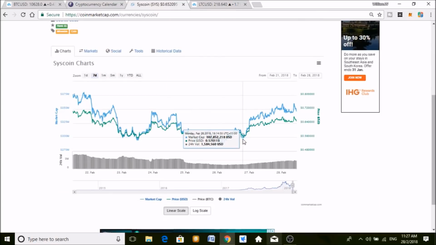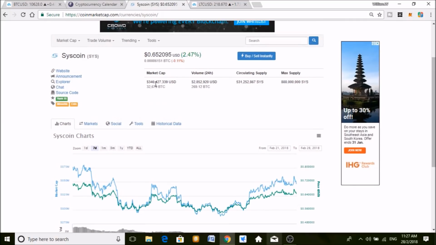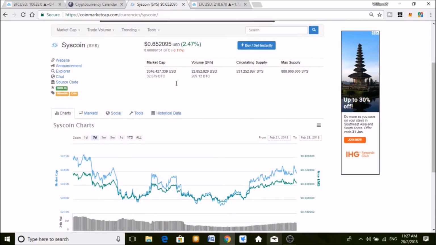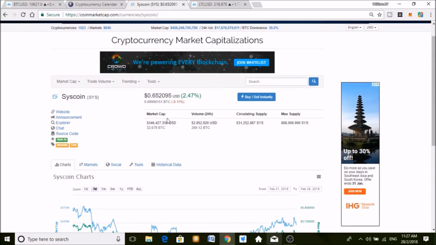So on the 27th or the 26th, that's where people start buying in, and that's around 55 cents. And today, right now, we're at 65 cents, okay? So that's almost a 15-20% increase. And SYS got a 346 million market cap as well, so it's a good healthy market cap.